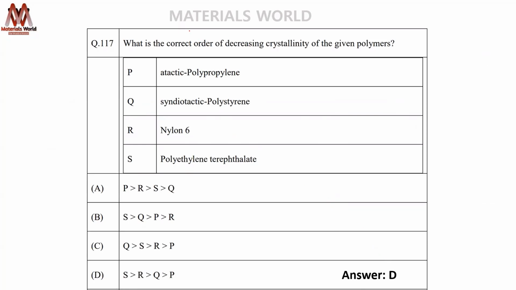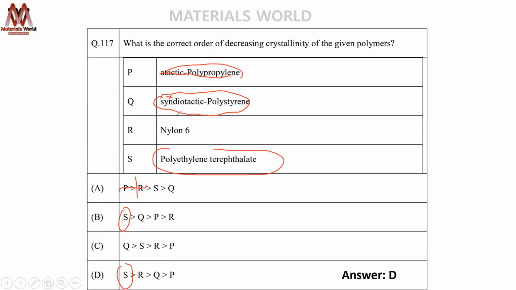The reason is behind this. Definitely your S is going to have the highest crystallinity, because your P cannot be crystalline since it is atactic. So this is not going to be the answer. Now Q cannot have the highest crystallinity if you have PET.